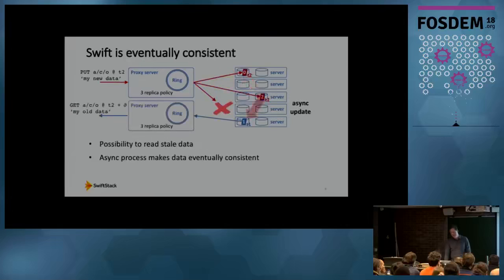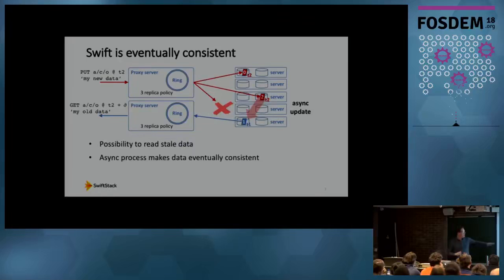Now, a consequence of this is that we can end up with stale data in Swift. So here's a little bit more complicated example where the object that was written at time t1 has now been overwritten at time t2. Only the overwrite was only partially successful.